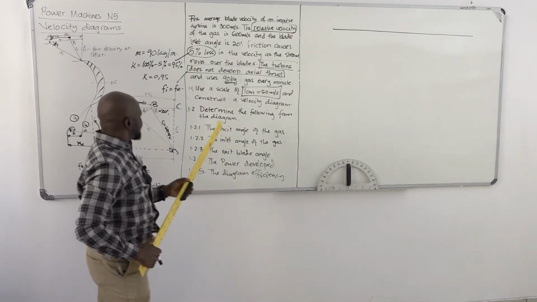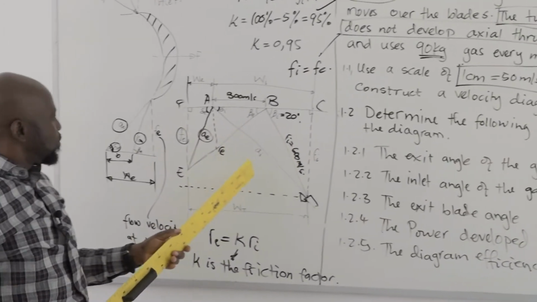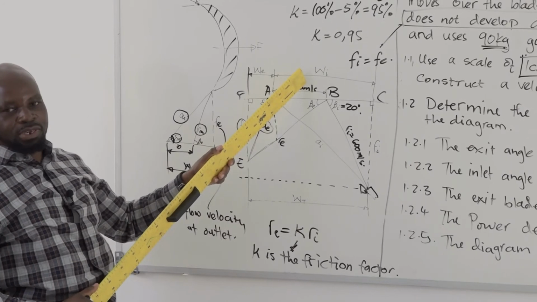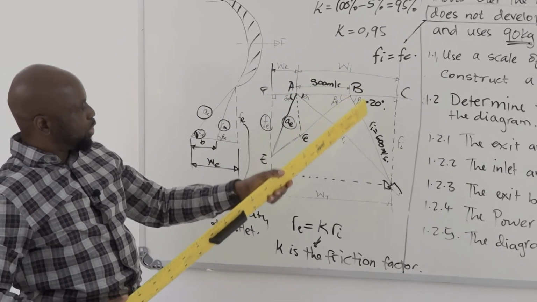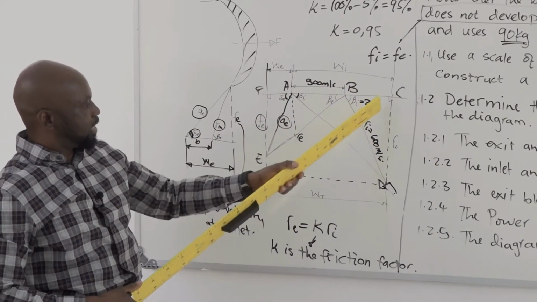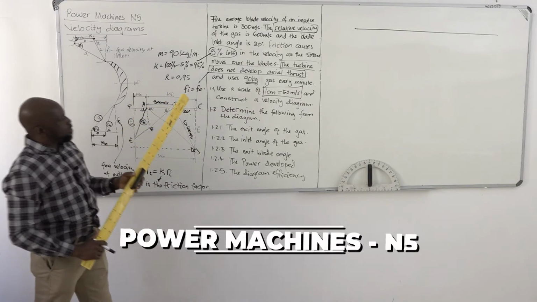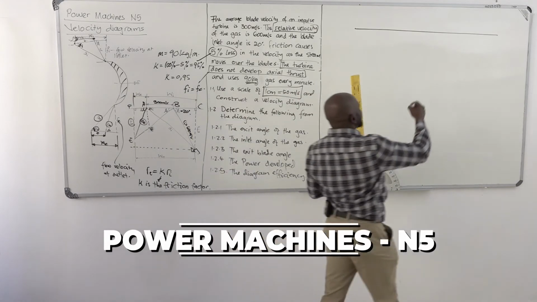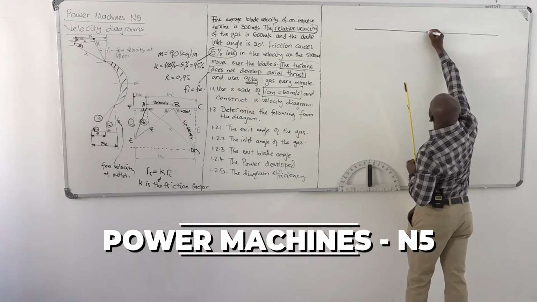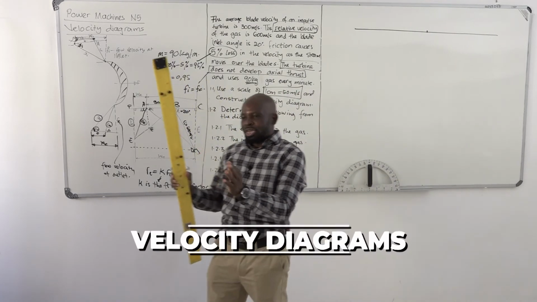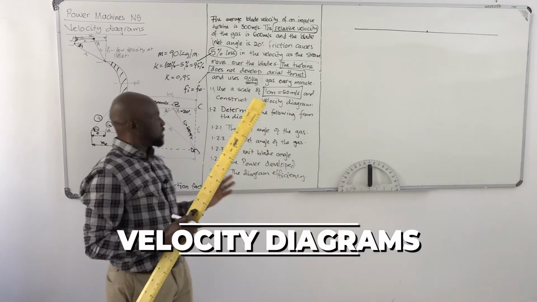In this case, we don't have anything that relates to A except 300 meters per second. But for B, we have 600 meters per second and 20 degrees. So our starting point is going to be B. Now, let's mark our point B. This point B should be more on the right than on the left because our diagram is going to be more inclined to the right.